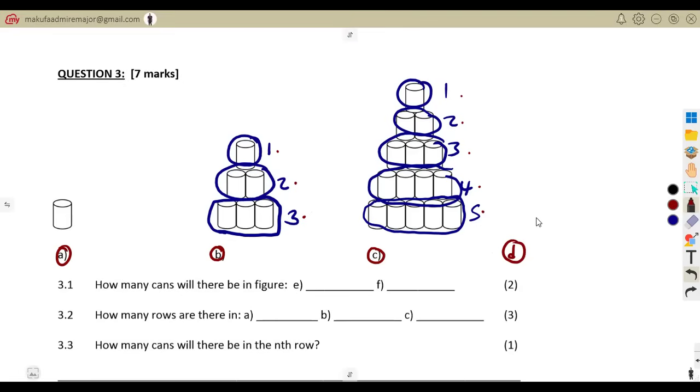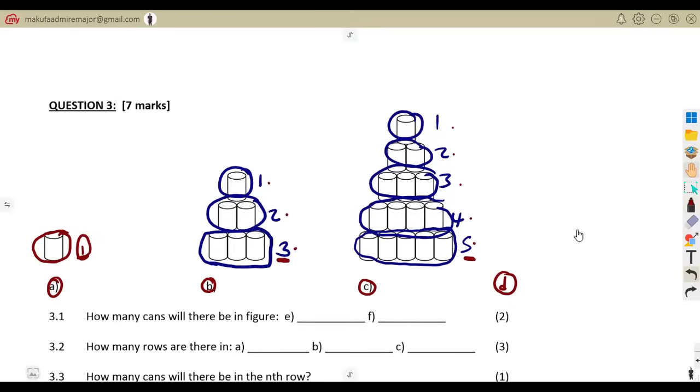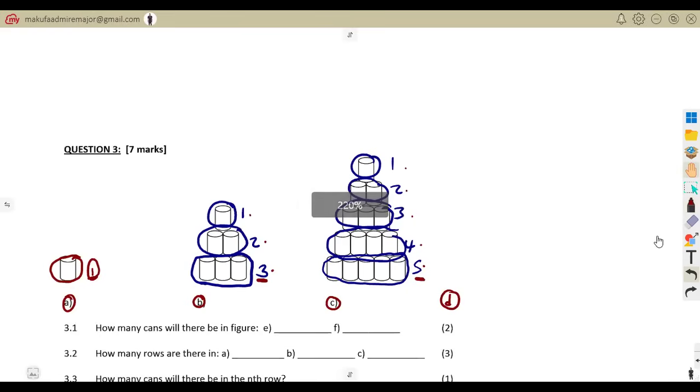What will be the number which is on the bottom, on the base? In the first one here, we only had one can on the base. Then on this one, there are 3. On this one, there are 5. We can simply know the number of cans which are on the base because we can see that this is a linear pattern.